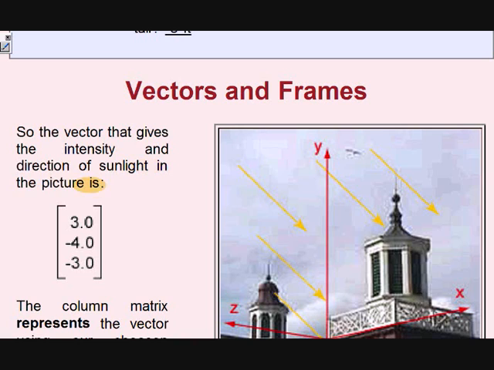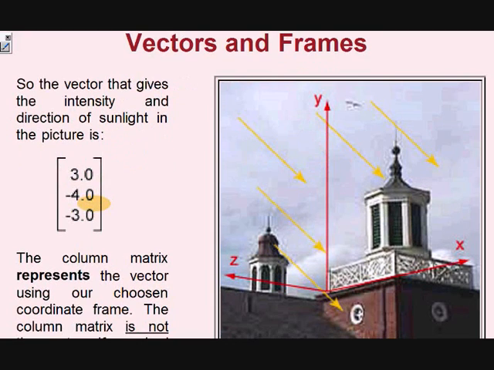This is the point where x is 3, y is -4 and z is -3. What are the 3 things? 3 is the distance of the vector tip along the x-axis. Okay, that is called the intensity and the direction of the sunlight. Both the things of sunlight in the picture are represented by 3, -4, -3, some numbers they came up with.